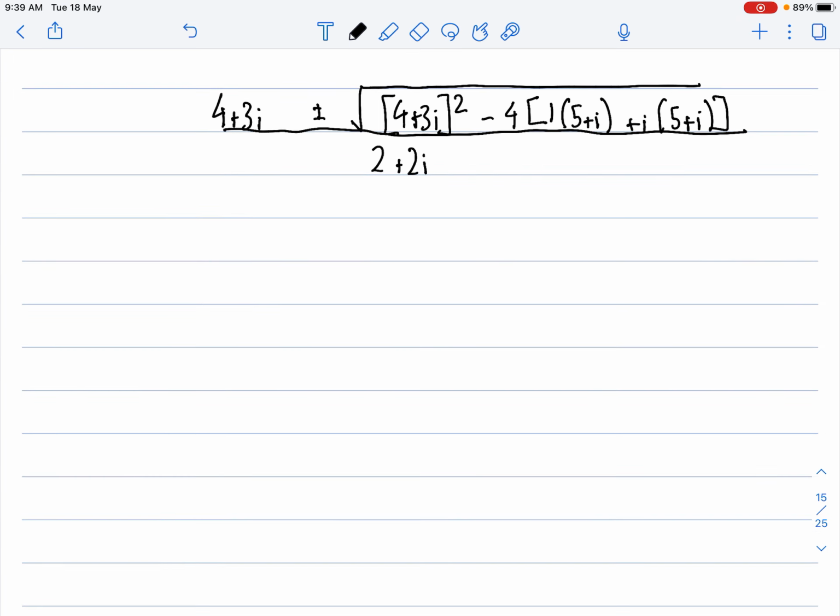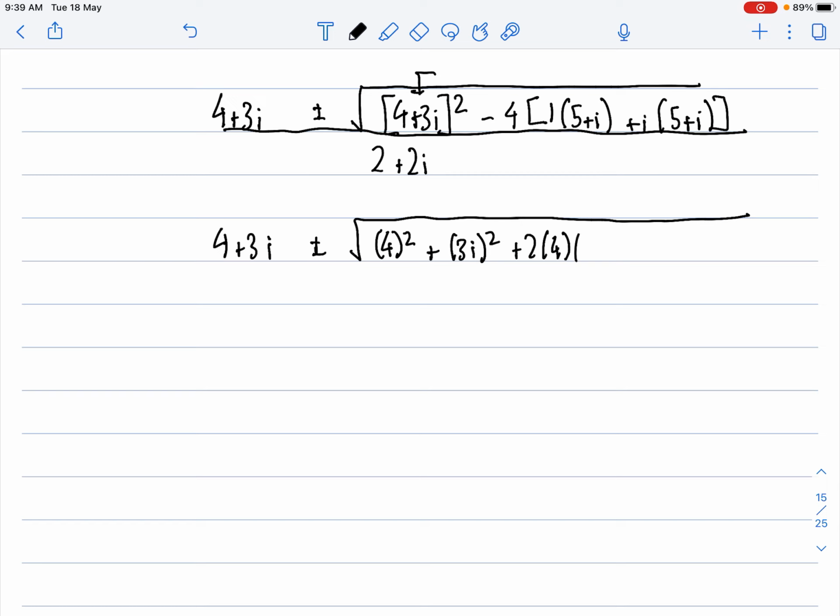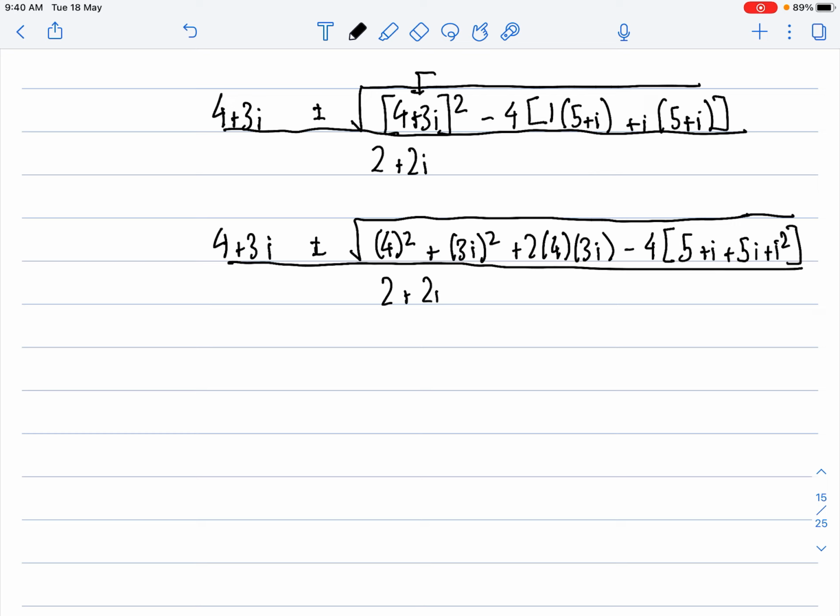So now I can write this as 4 plus 3i plus minus, I know this is simply a plus b the whole square, so I can write it as a square plus b square plus 2 into a into b. Okay, minus 4 into, I can write this as 5 plus I plus 5i plus I square. Got it? Upon 2 plus 2i.